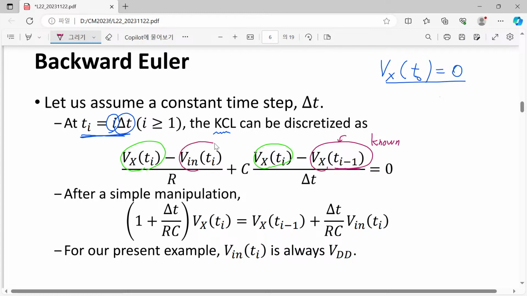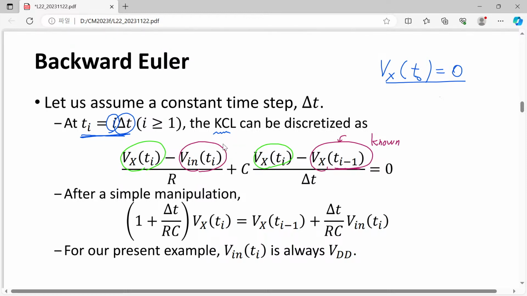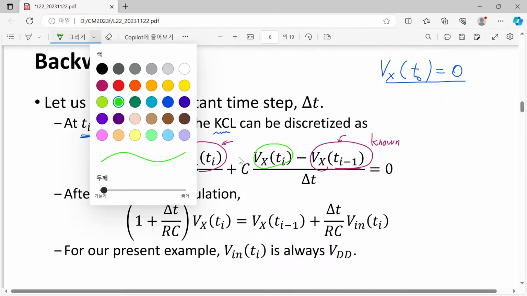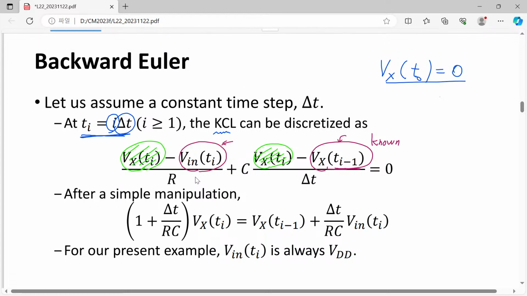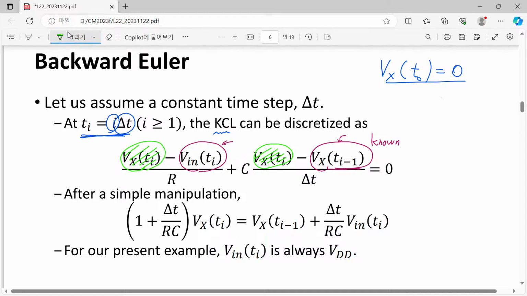And here we have input voltages, and this value is given from the functional form of our input voltage. So these green boxes show unknown quantities, and this purple one shows known quantities. Simply considering only the unknown quantities on the left hand side, and moving all known quantities to the right hand side, we can find this kind of expression.